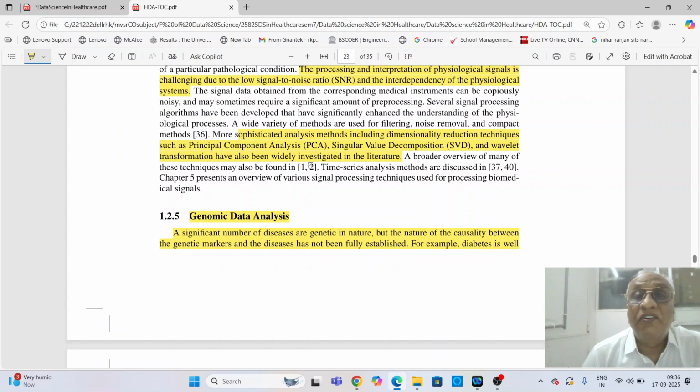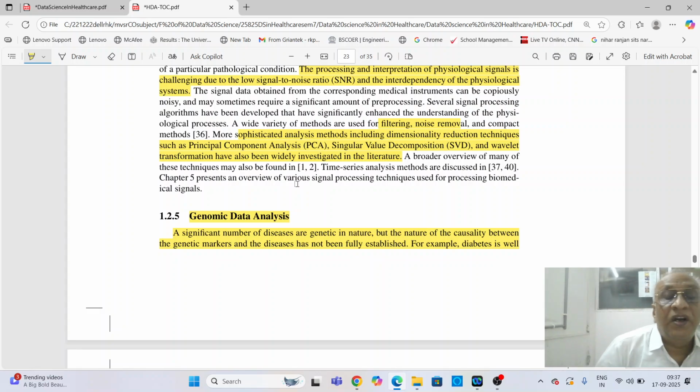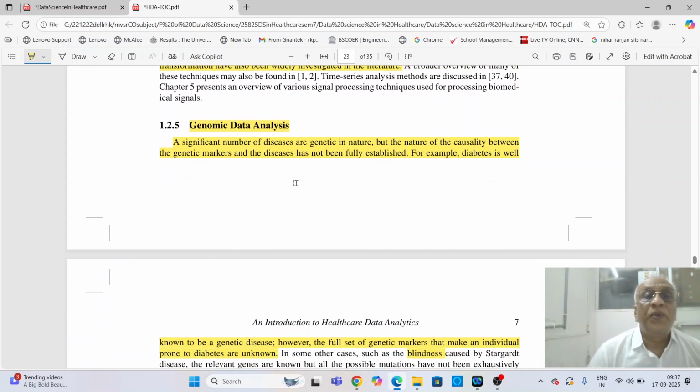We can use various techniques for filtering these and removing the noise. We may use dimensionality reduction techniques such as PCA, that is principal component analysis, SVD, that is singular value decomposition, and wavelet transformation.